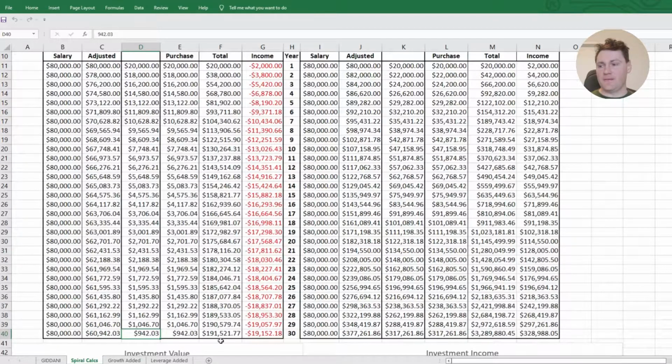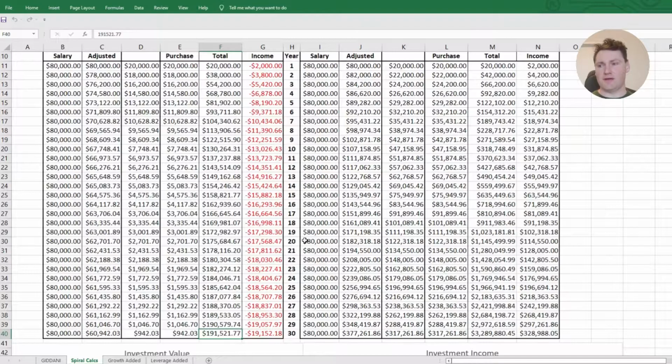And interestingly, the total value of the purchases that you can make after 30 years is $191,000. So I mean, that's a decent outcome, but it's not anything like what the power of income producing assets is able to do for you.